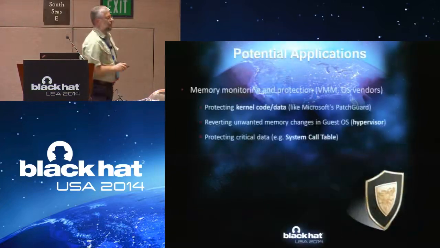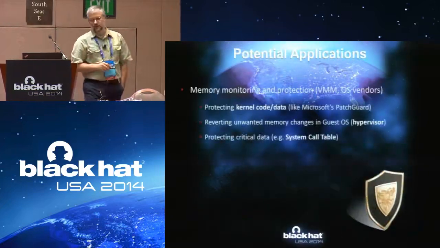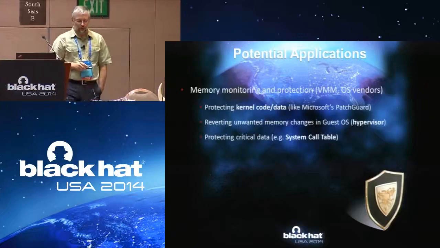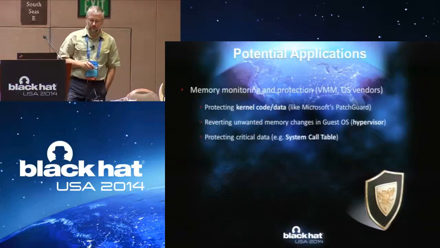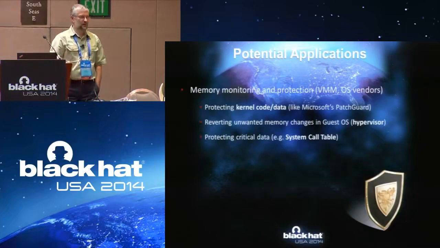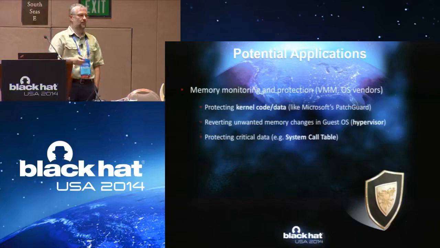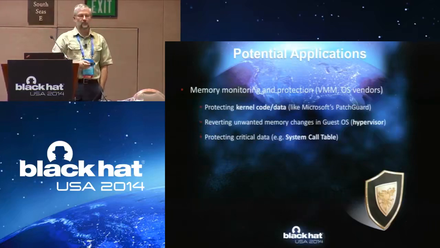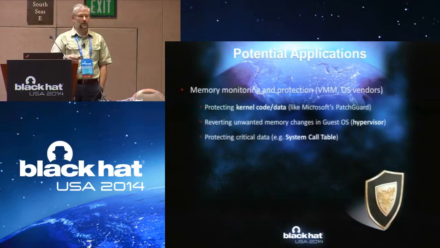Okay. And what could be the potential applications of this technology? The first idea that comes to mind is using it in the kernel and the operating system, like VMM and OS vendors, to protect kernel code or kernel data. And PageGuard can potentially use it to perform self-protection.